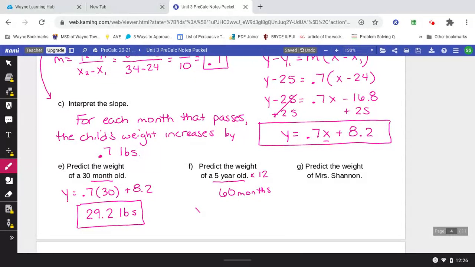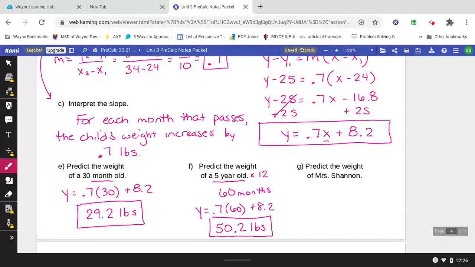And then I'll plug it in. All right, I'm getting 50.2 pounds. Can a 5-year-old weigh 50 pounds? I think so. It seems about right.